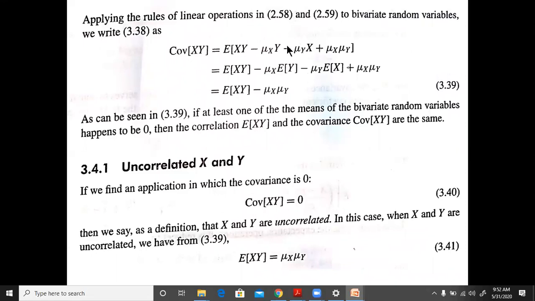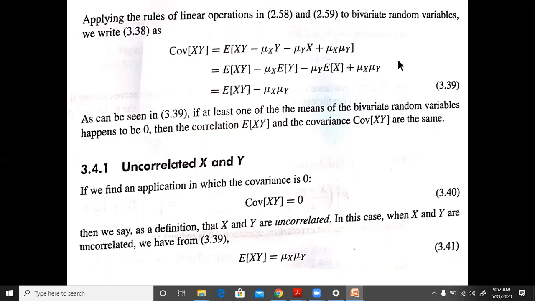And also if it is multiplied with a constant, you can take it out. Mu x mu y can be considered as a constant. So E of XY is written as it is, whereas for E of mu x Y, mu x is a constant, taken out, and then we have E of Y. Similarly, E of mu y X will be mu y times E of X, and the expectation of a constant value will be the constant itself.